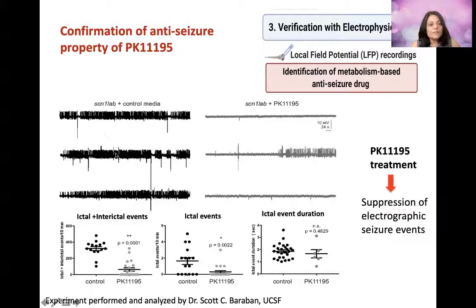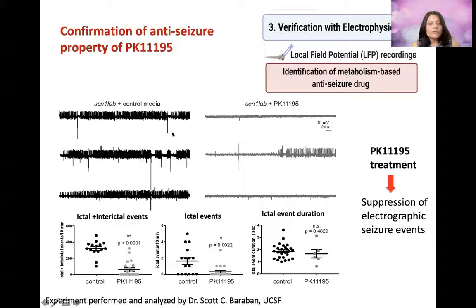On the left here is the excitable status in the scn1lab larvae that were treated with control media. You can see many events occurring, and the interictal plus ictal events are on the left here in the dark circles.